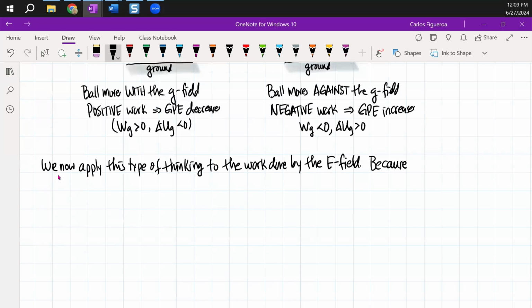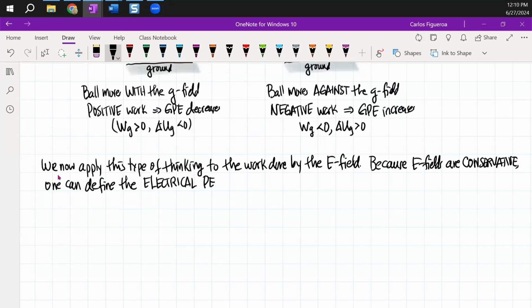Because electric fields are conservative, one can define the electrical potential energy function. And for abbreviation, you'll see me write electrical potential energy.